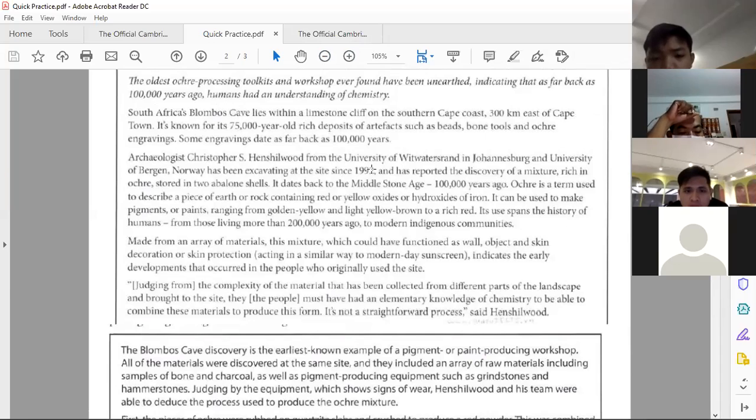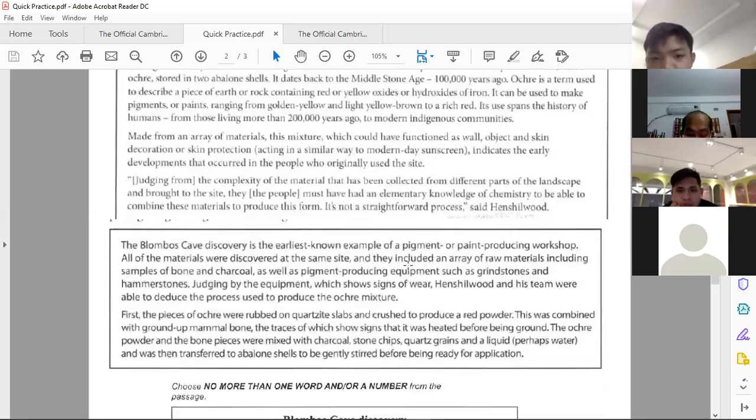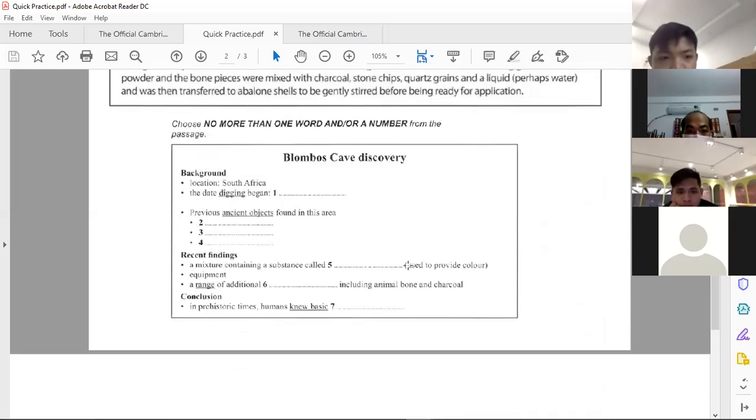That's how you should do it. Golden, yellow, brown, rich. One word, remember? It's golden yellow, but what is the thing that produces that color? Ochre. Ochre, very good. Here they put ochre is the term used to describe blah blah blah blah blah. So ochre, nice, very good.